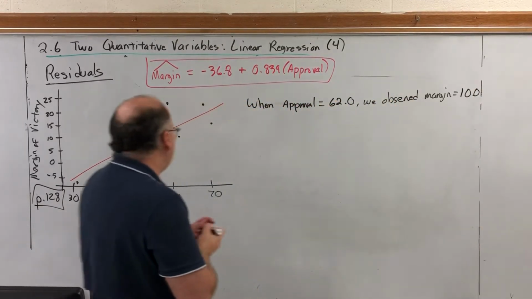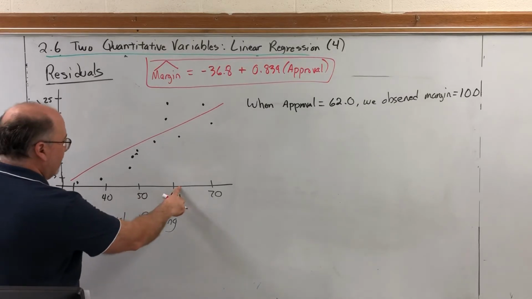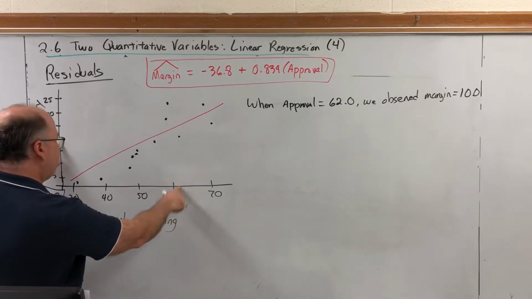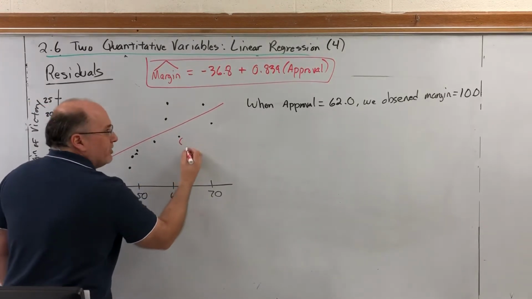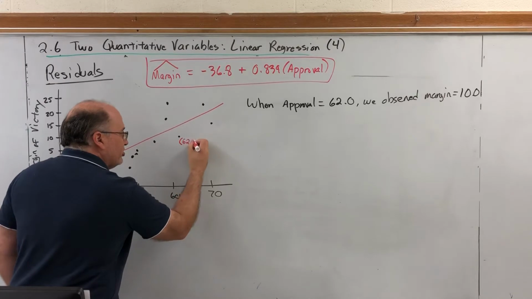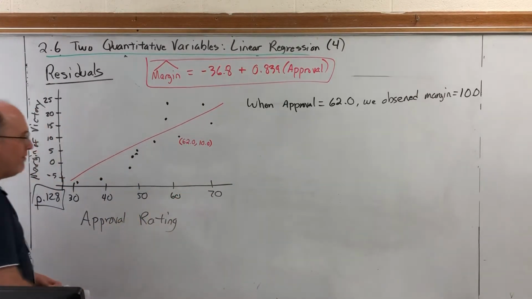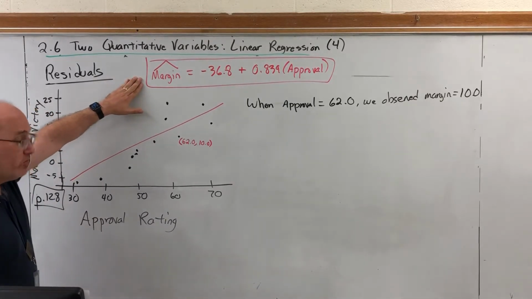Now, where would that point be on the scatter plot? Well, 62 is here, roughly, and 10 is here, so it's actually below the line. So here's the point whose coordinates are 62.0 and 10.0. However, what would this equation predict when the approval rating was 62?